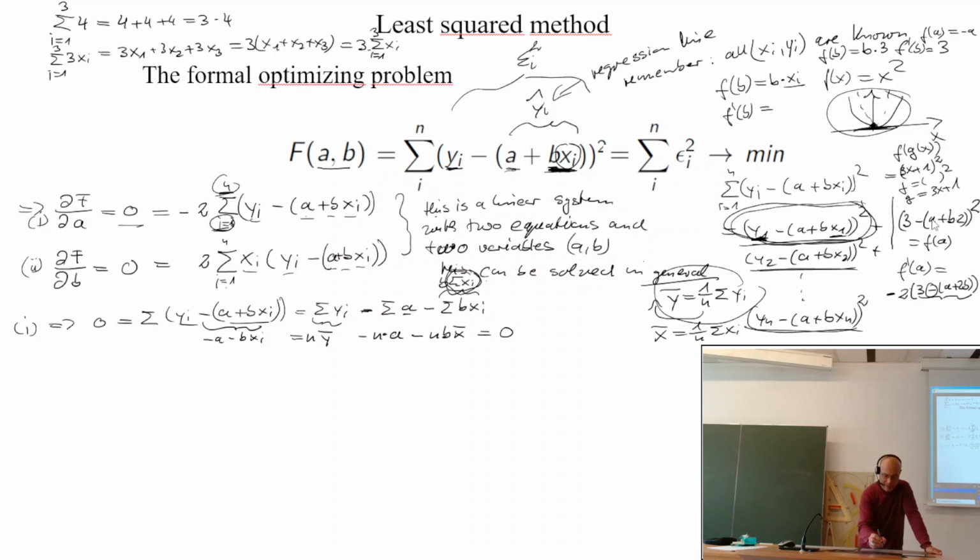Well, if this is equal to 0, then we can divide both sides by n, and we obtain y bar minus a minus b x bar equals 0.